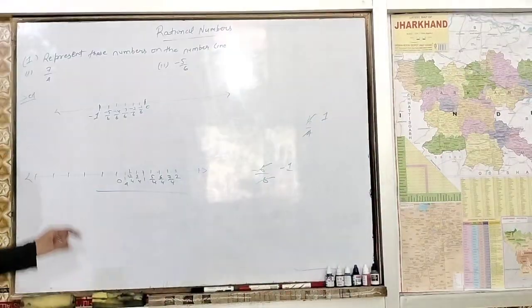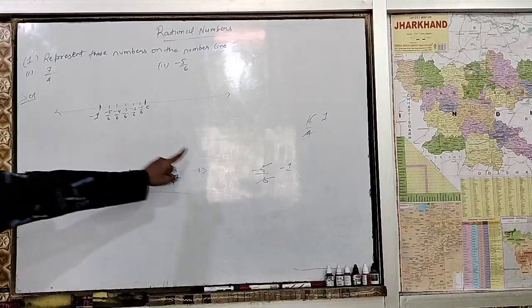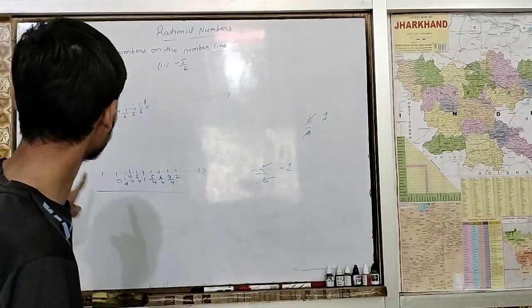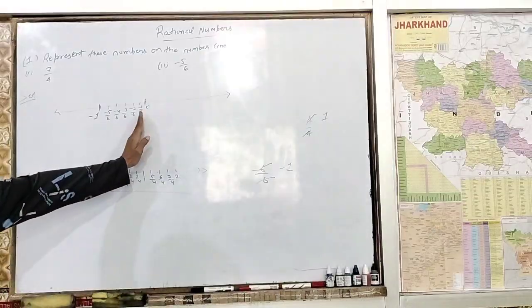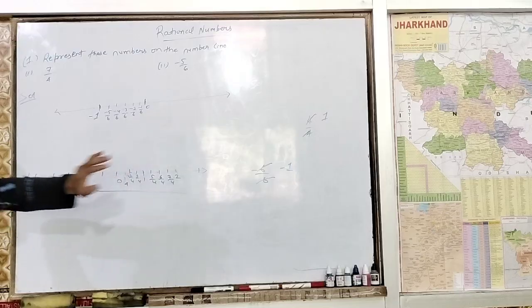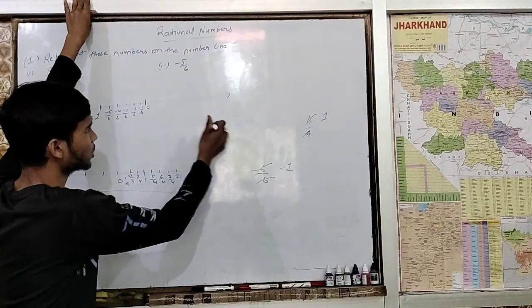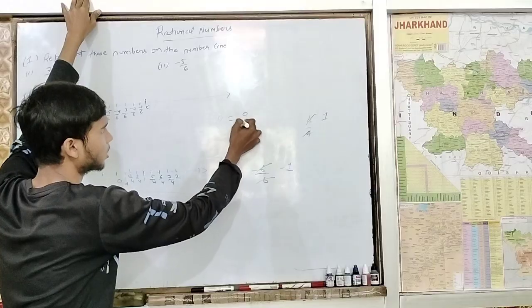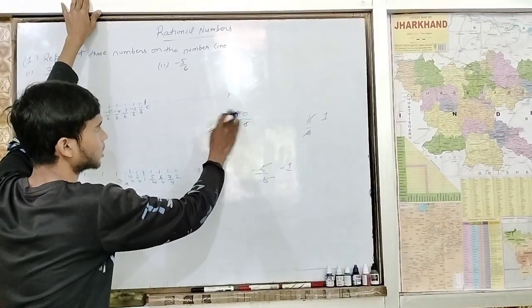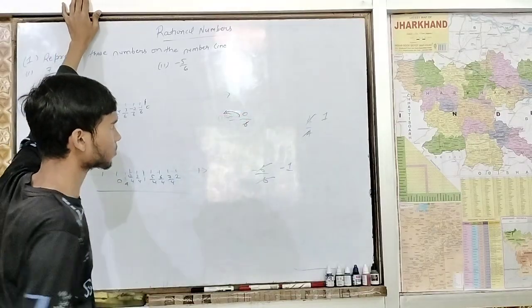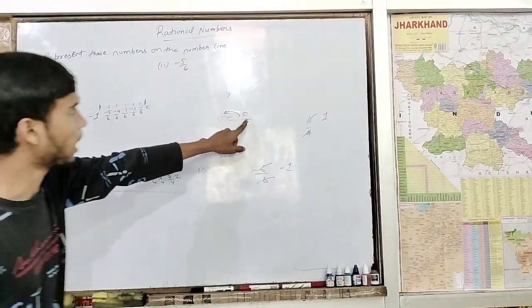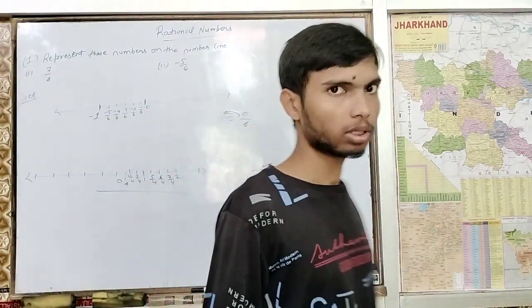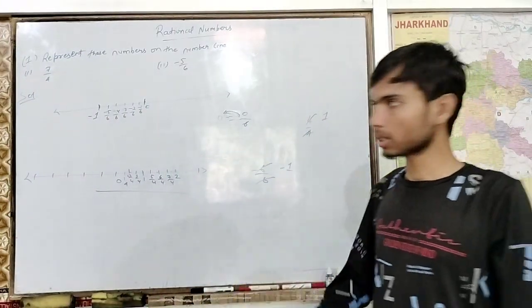How is it making sense? We know that this is equal to this much. And here we started from 0, which can be written as 0 upon 6, and it will give us 0. Then 0, then minus 1, then minus 2, minus 3, like that.